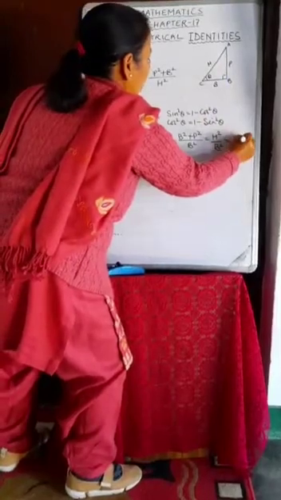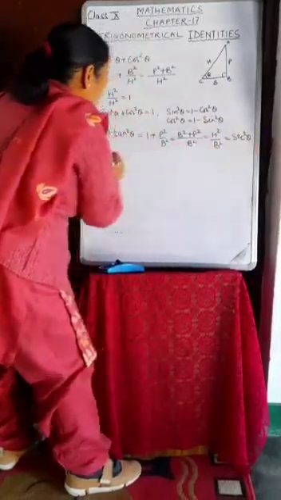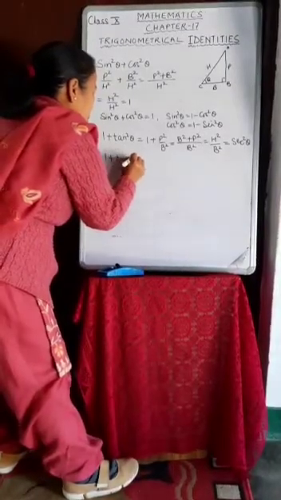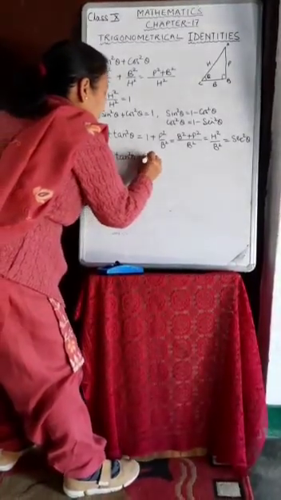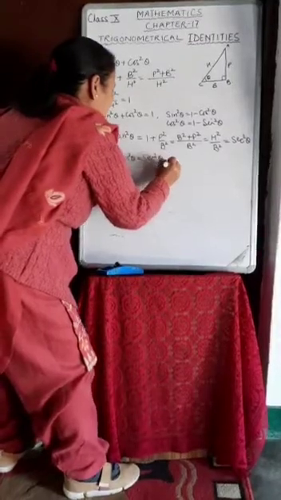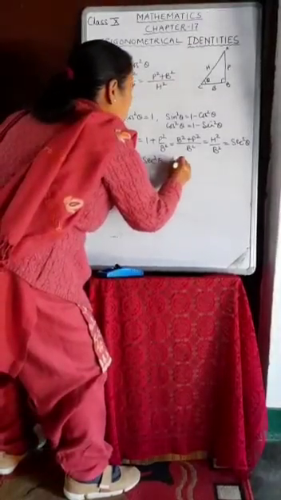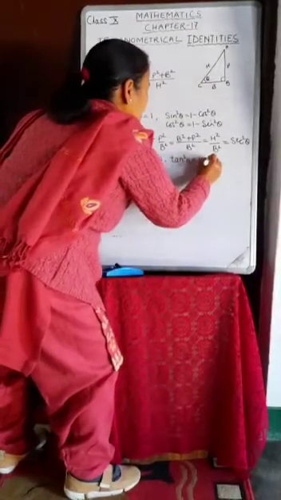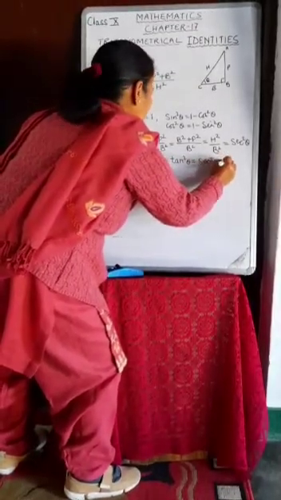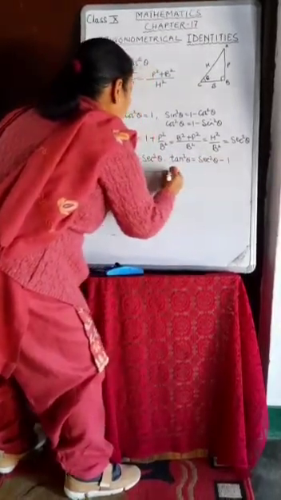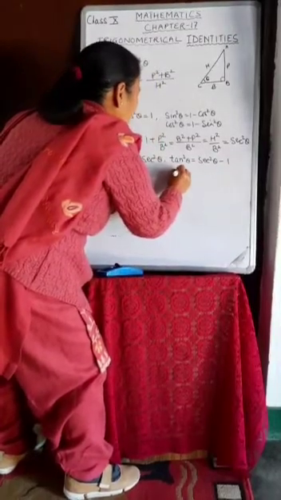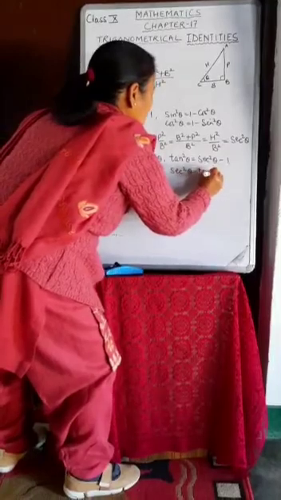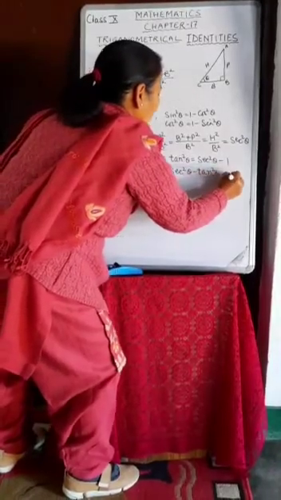So this will be equal to sec square theta. So 1 plus tan square theta equals sec square theta. From here we can get other relations also, like tan square theta equals sec square theta minus 1, or sec square theta minus tan square theta equals 1.